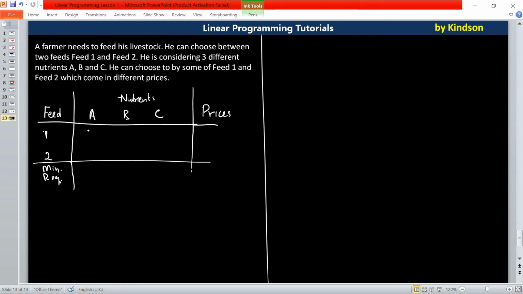All right, so for nutrient A, for feed 1 you have 3, and for feed 2 you have 2. For nutrient B you have 7 and you have 2. For nutrient C you have 3 and you have 6.